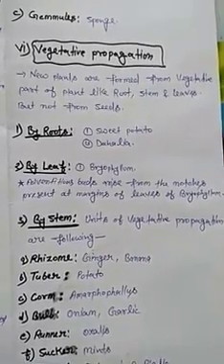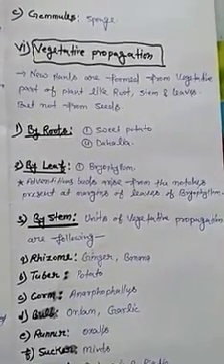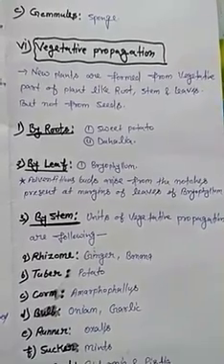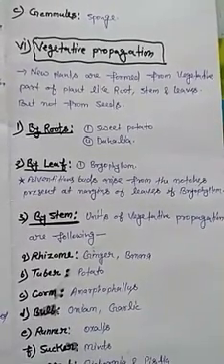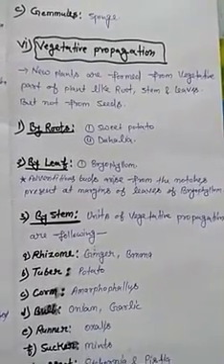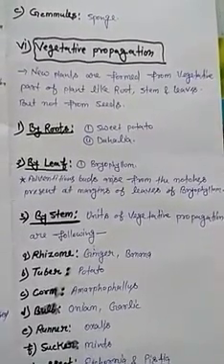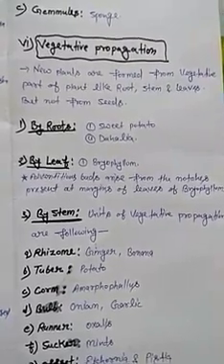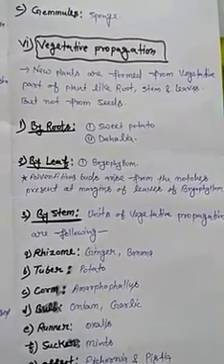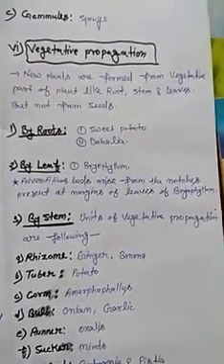The vegetative part of the plant is responsible for growth and development, and the reproductive part of the plant is responsible for flowering and fruiting. Examples of vegetative part are root, stem and leaves, and examples of reproductive part are flower and fruit.